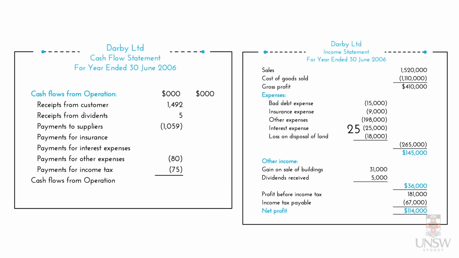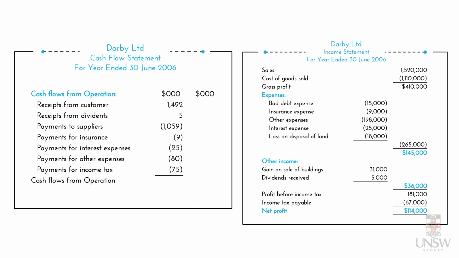So we can write in payments for interest expense 25. So what about insurance? Is there any prepaid or payable insurance? And the answer to that is no. So we can take the insurance straight to the cash flow section as well. So payments for insurance, 9.